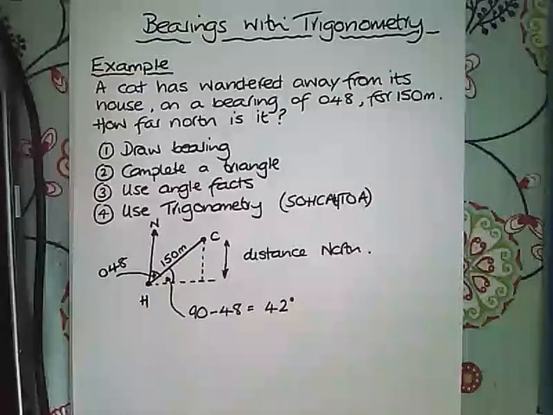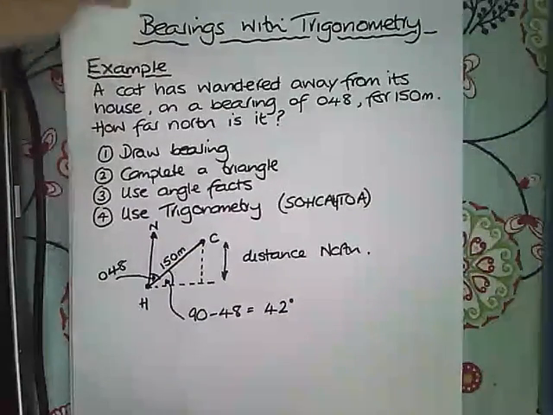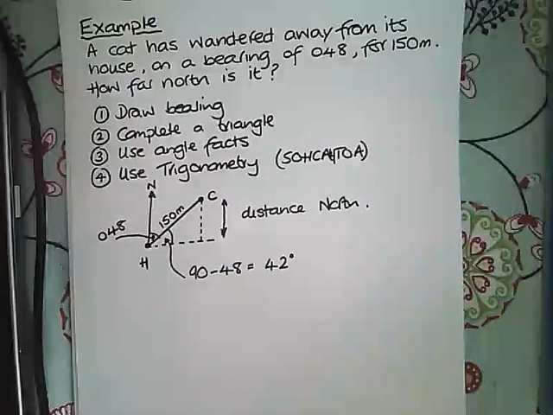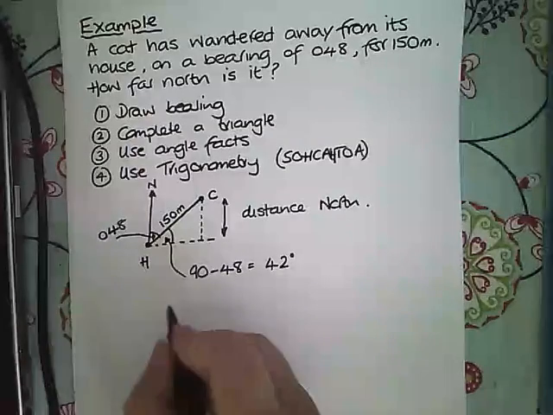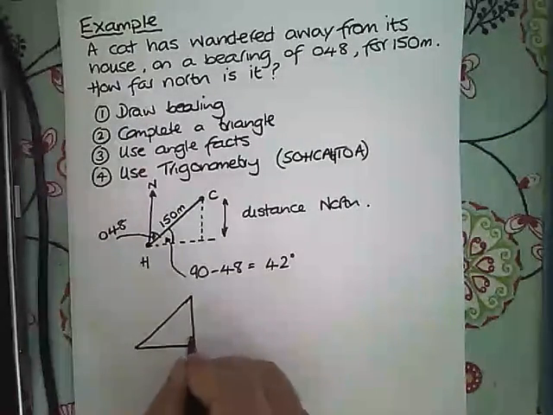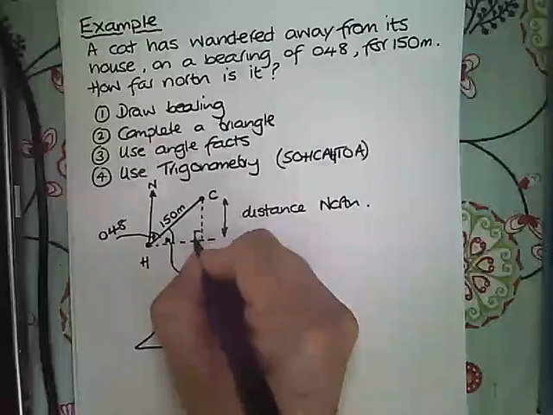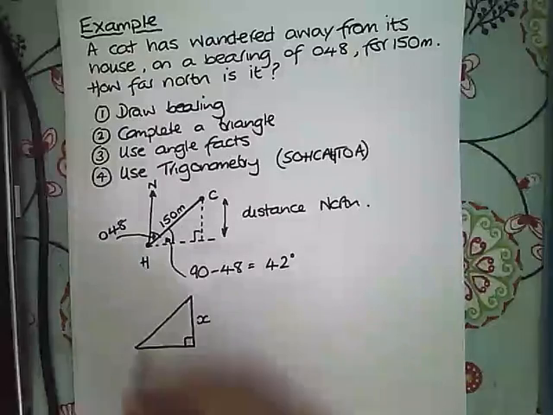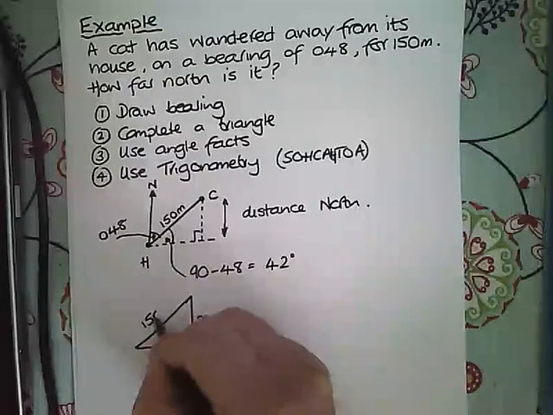What I would then do is draw the triangle without all of this north and 150 and the bearing and everything on it. So a simple right angle triangle, which I'm then going to apply my trigonometry to. So the right angle is here. This is the distance we want. This is 150.